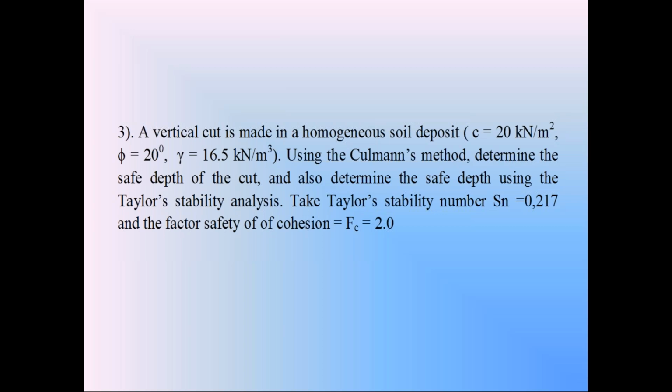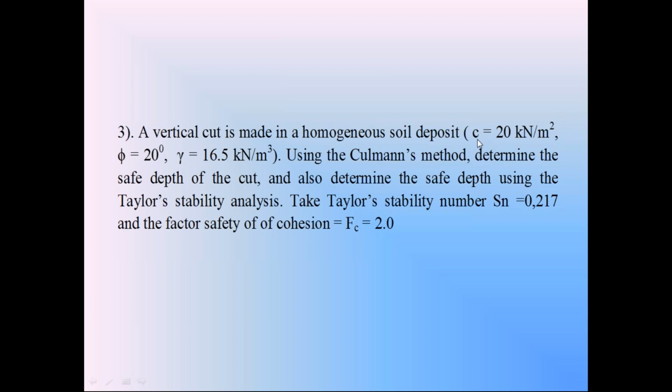The vertical cut is made in a homogeneous soil deposit, and for that soil deposit, the unit cohesion C is 20 kilonewton per meter square, phi is 20 degrees, and gamma is 16.5 kilonewton per meter cube. So the soil is a clayey soil because it has cohesion, angle of shearing resistance, and bulk unit weight.